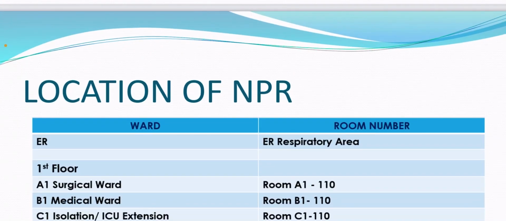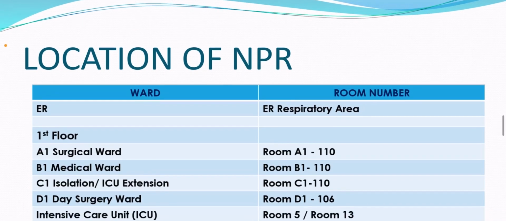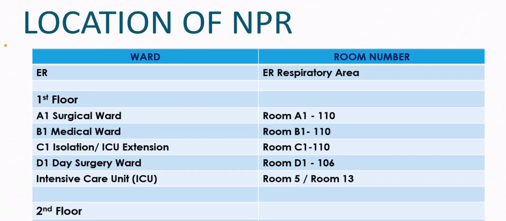Now we will see the location of negative pressure rooms. In our Kings and Man Hospital, we have 12 negative pressure rooms. These are the locations. In the ER respiratory area, we have one negative pressure room. On the first floor, A1 surgical ward, one negative pressure room. B1 medical ward, one negative pressure room.